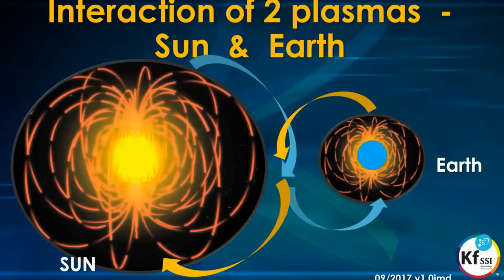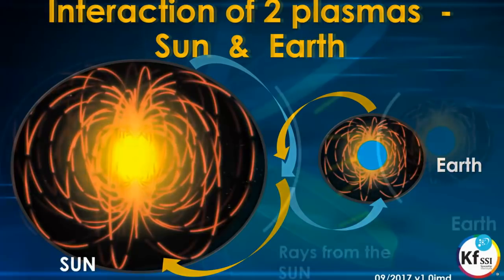And also just bear in mind that we're just showing you the two interactions, but there's many more interactions going on with all the other planets around Earth. But for simple sake, we'll just show you the two interactions of the sun and the Earth.